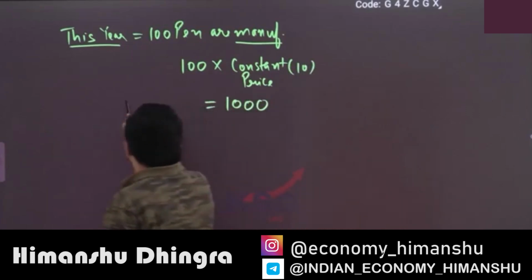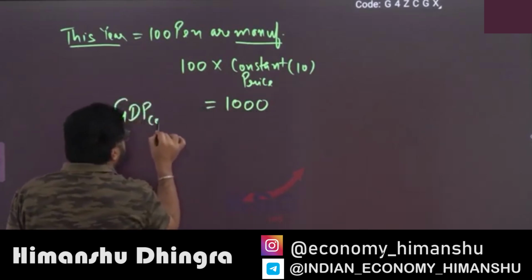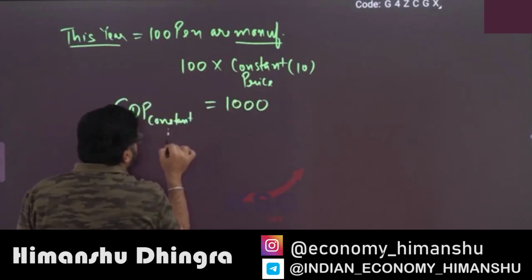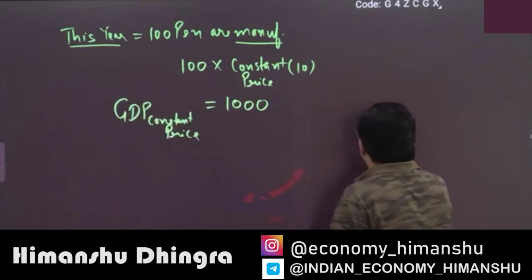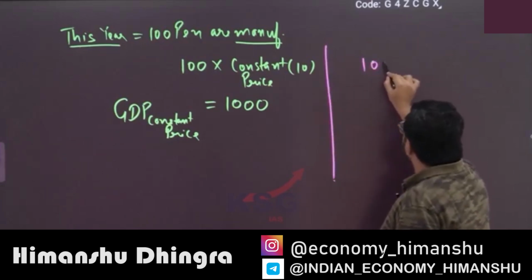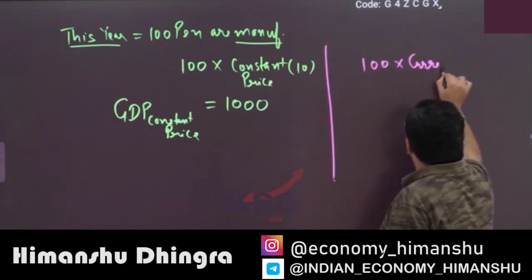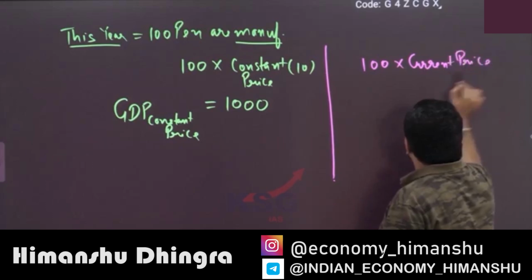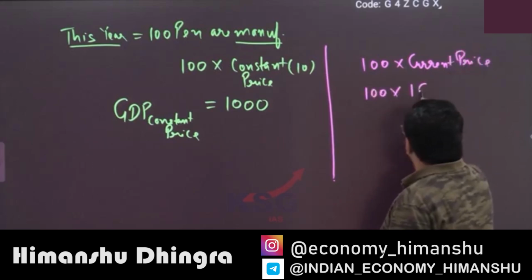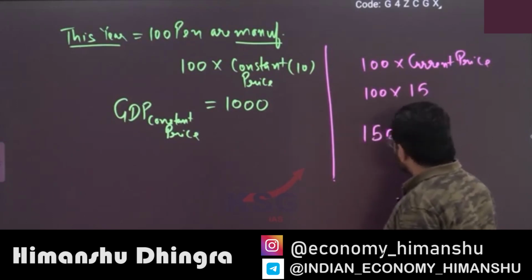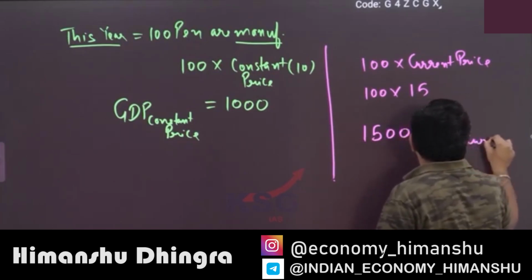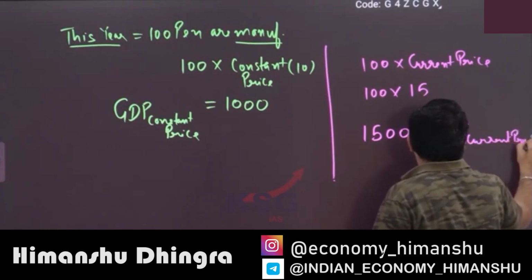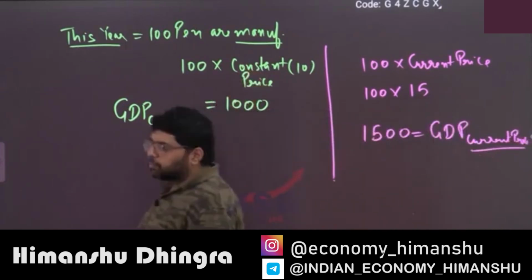So GDP at constant price is 1000. And when I calculate GDP using current prices, it will be 100 into 15, so GDP will be 1500. This is GDP at current prices. So this year 100 pens are produced.